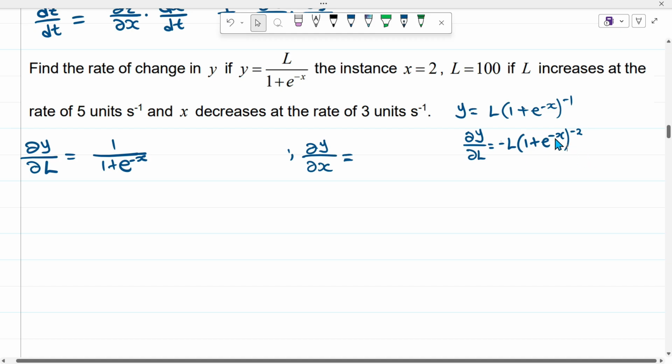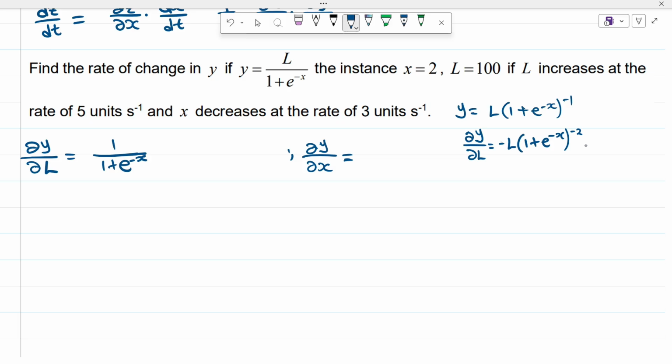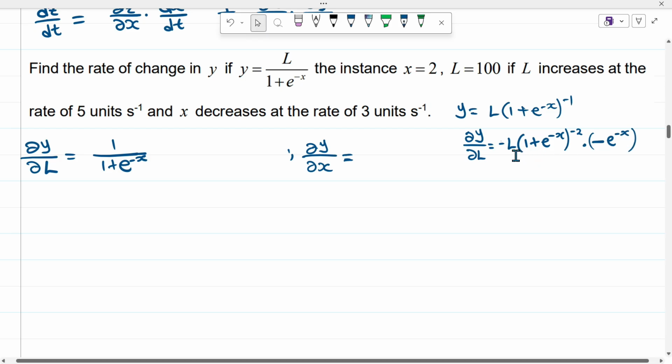And then you multiply by the derivative of what's inside. The derivative of 1 is 0. The derivative of e to the power negative x becomes negative e to the power negative x, just like that. And then you multiply this term and that term, and you will get a positive.